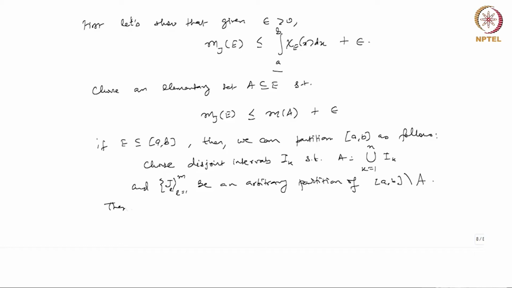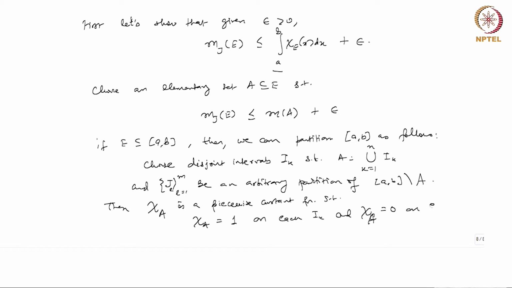Then the indicator function of A is a piecewise constant function such that chi A equals 1 on each ik and chi A equals 0 on each JL.